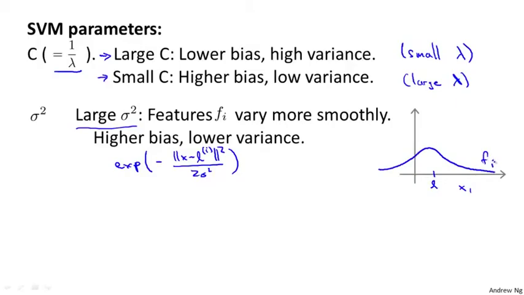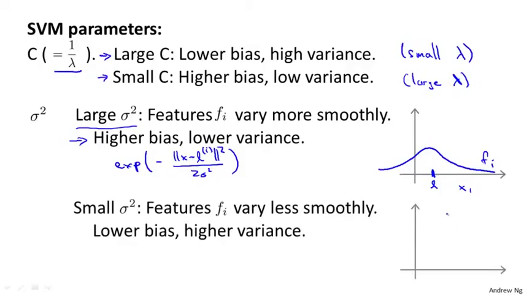So this would be my feature f_i, a smoother function that varies more smoothly, and so this would give me a hypothesis with higher bias and lower variance. Because the Gaussian kernel falls off smoothly, you tend to get a hypothesis that varies slowly, or very smoothly, as you change the input x.